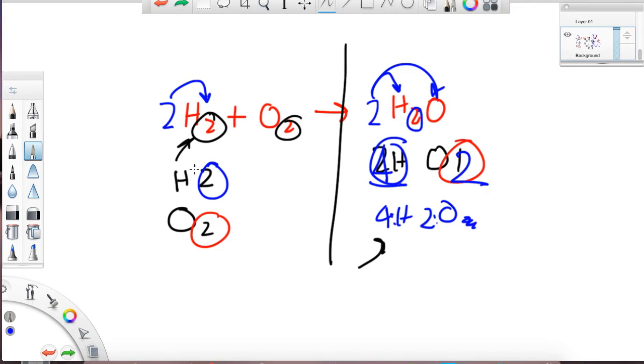Just because of that, we have 4 hydrogens now, instead of 2 hydrogens, and oxygen still remains a 2. 4 hydrogens on the left side, 4 hydrogens on the right side. On the left side, 2 oxygens. On the right side, we have 2 oxygens. So that is the gist of balancing equations.